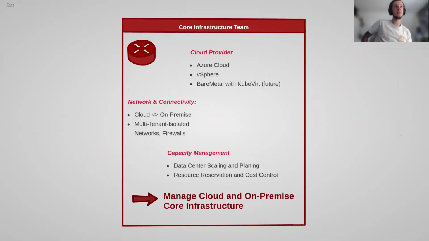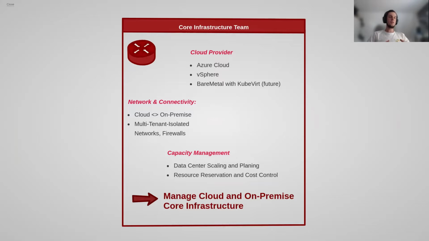So we started with one team that takes care of the core infrastructure. The core infrastructure team is basically the team that provides the basic infrastructure that the Kubernetes platform is running on. We use Azure for our master setup in the cloud, and inside the data centers next to each of the manufacturing line locations, we use vSphere, and in the future we are planning to also use bare metal clusters with KubeVirt.